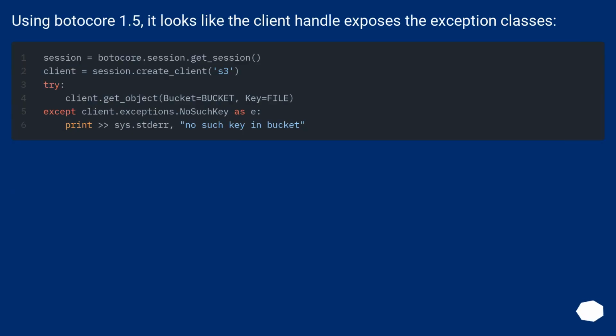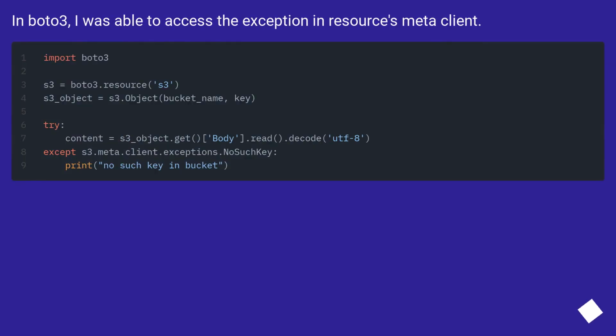Using botocore 1.5, it looks like the client handle exposes the exception classes. In Boto 3, I was able to access the exception in resource.meta.client.